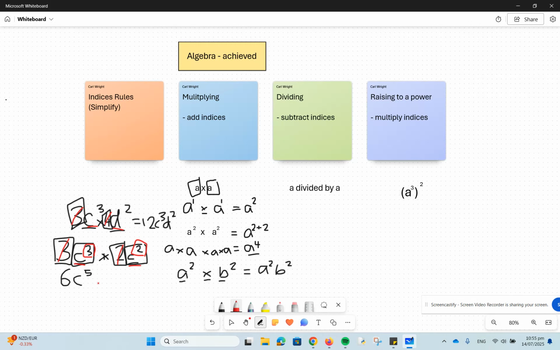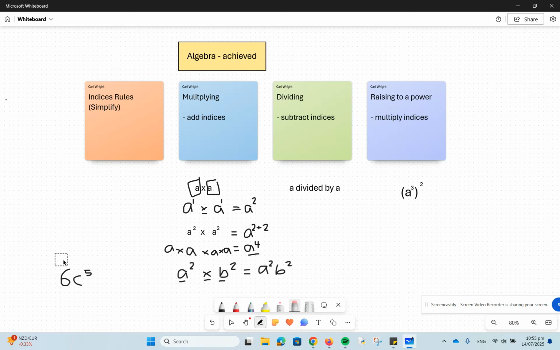Okay. Right, that is the first rule. Hopefully that wasn't too confusing, because it does get a little bit confusing sometimes, but it's not that hard as long as you remember, if the base is the same, you just add them together, okay?